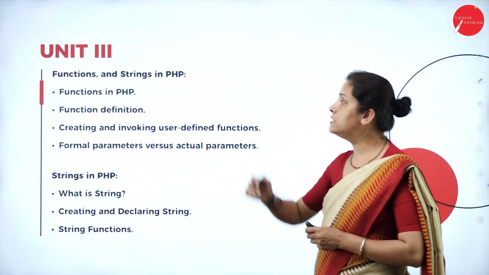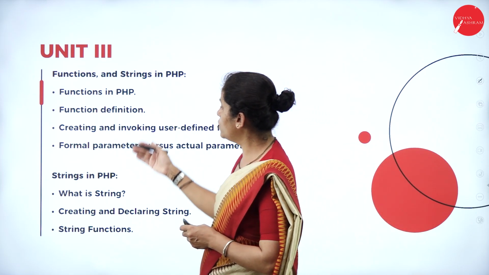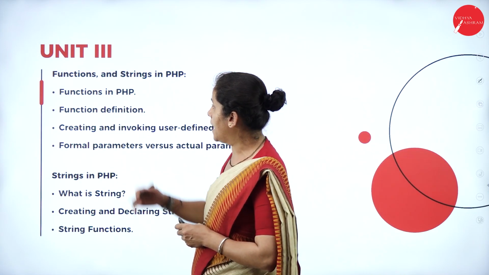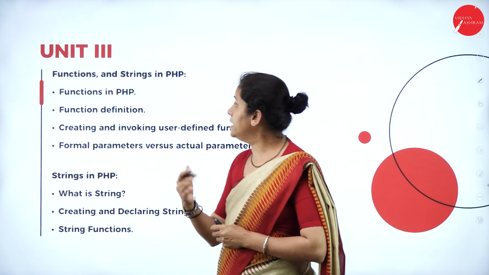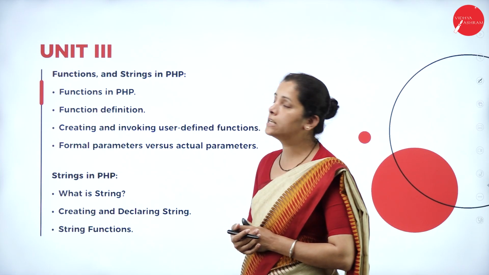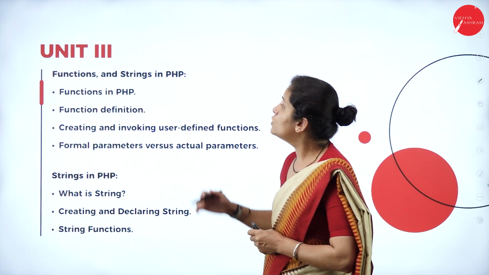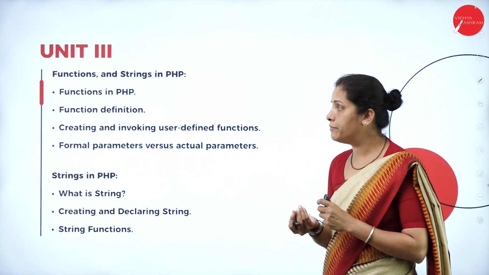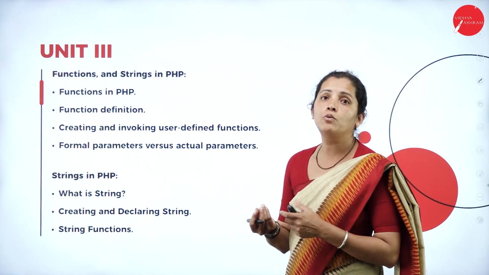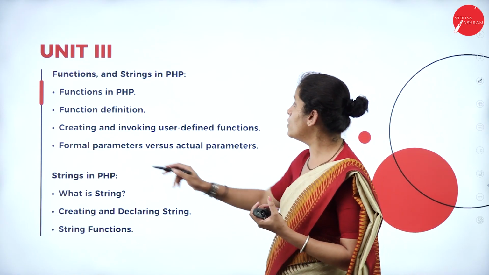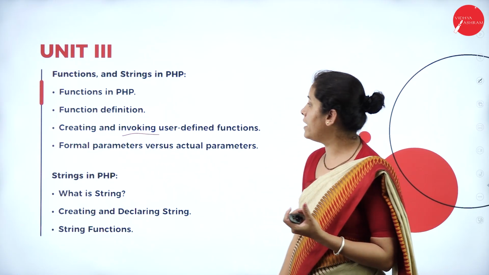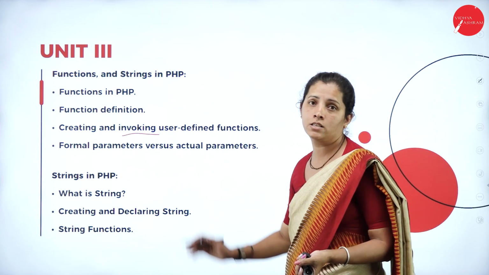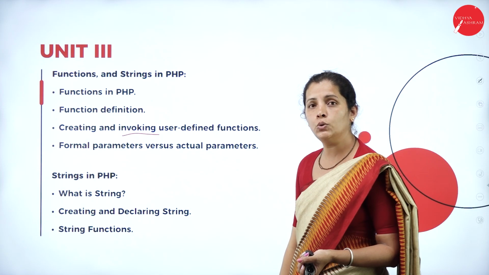Now, if I consider the third unit, how many chapters? It is 2 chapters. So in the first chapter, I'll be dealing with functions and strings in PHP. So how we can create a function, how to write the definition of the function, how I can invoke a user defined function, how to pass the parameters, all those things we are going to learn under Unit 3.